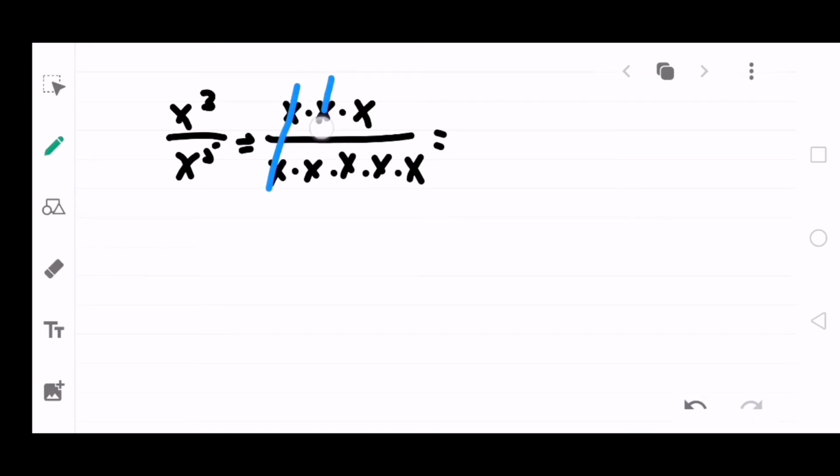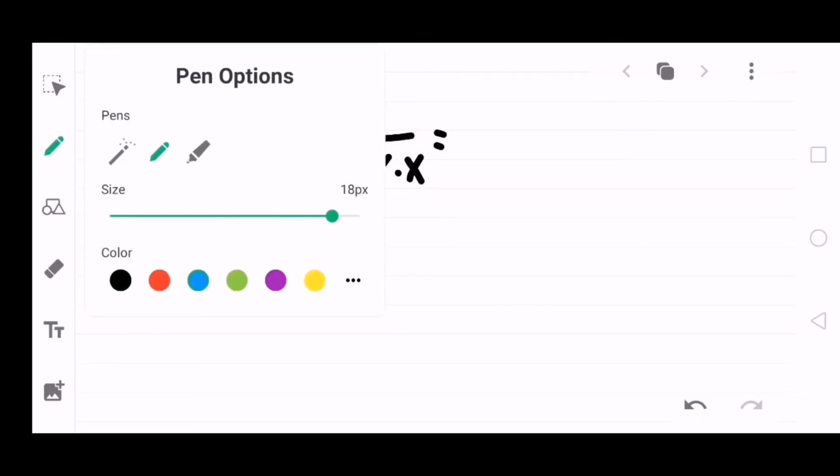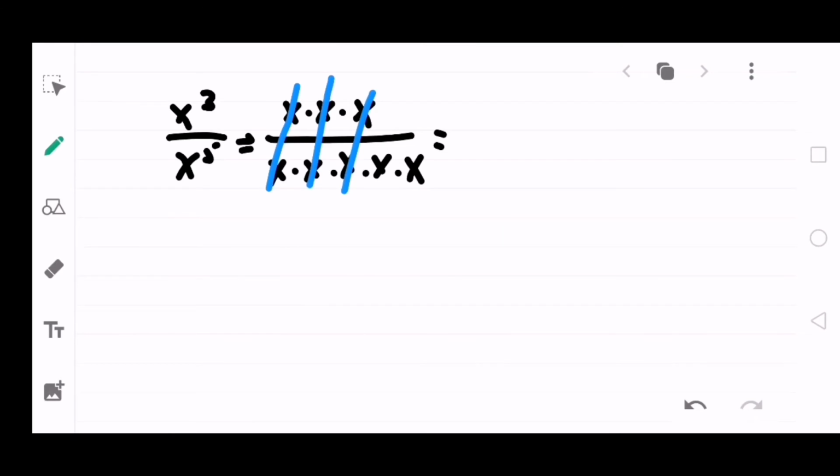So, cancel this one, cancel, and cancel. What was left in our expression, since this is just 1 times 1 times 1, so simply 1 for the numerator, and we have here x squared.